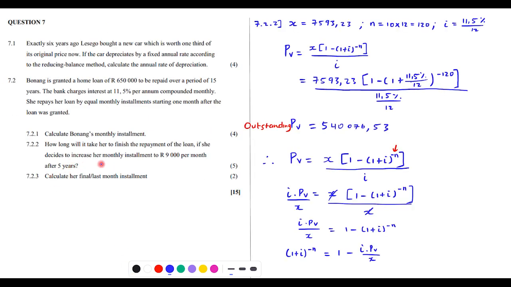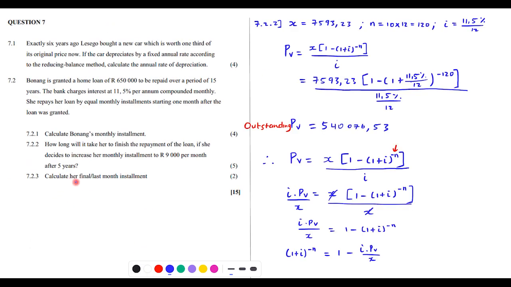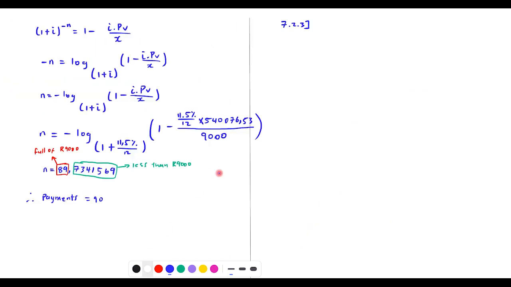Now 7.2.3 is asking to calculate her final, or her last, payment. So to calculate the final payment, what we first do is we know that it is going to be the outstanding balance, or the remaining payment, because here we see that Bonang had 89 full payments, but then there was that 0.7341569 that was left.